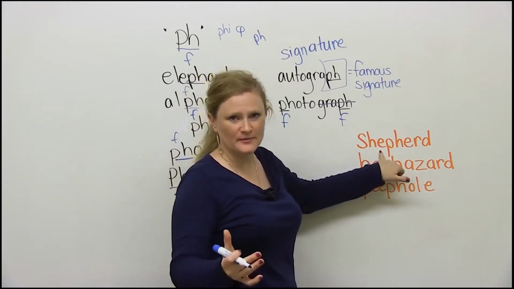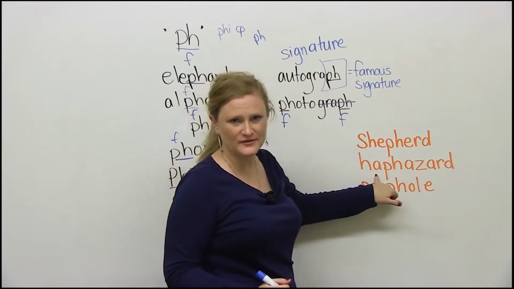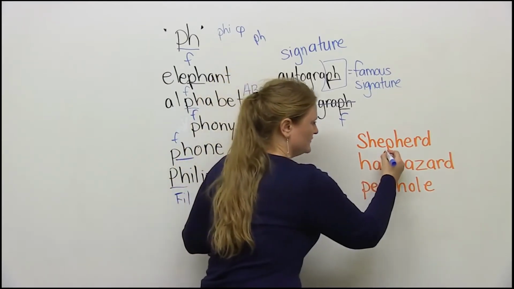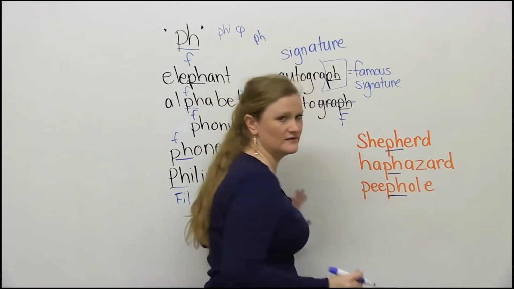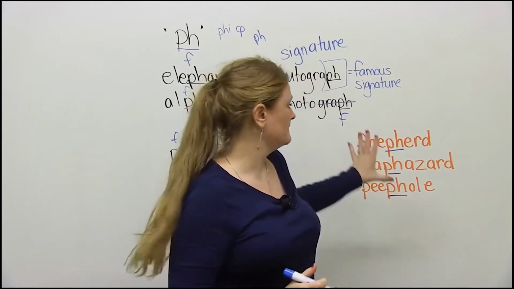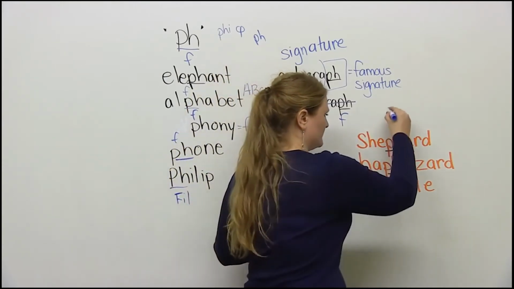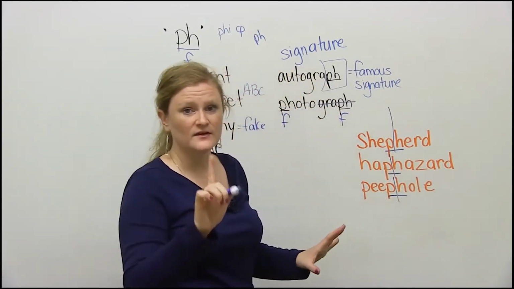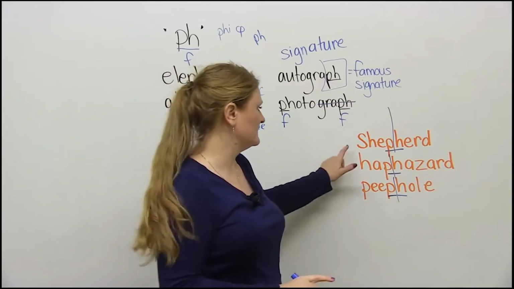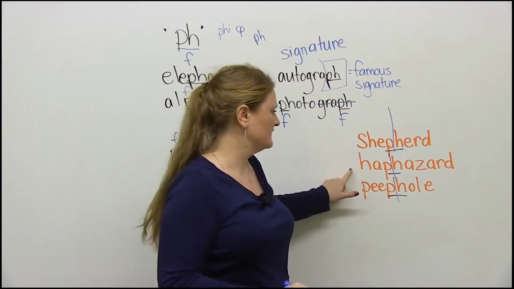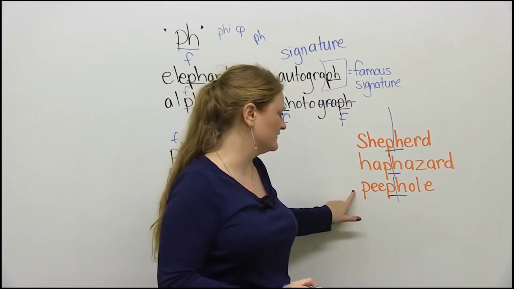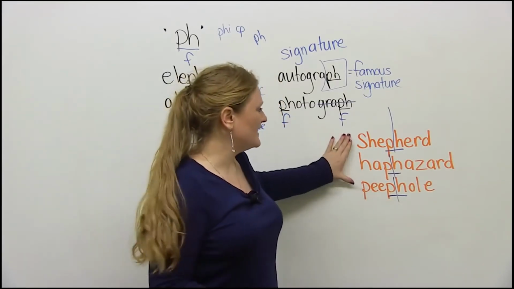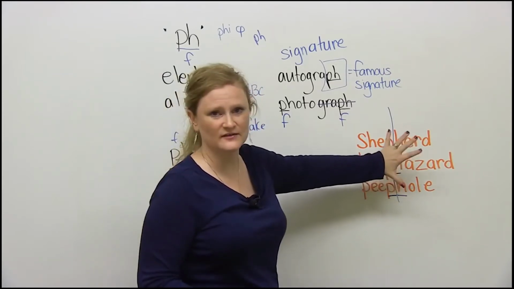The first word is shepherd, haphazard, and peephole. These words do, as you can see, have the PH in them. But in these words, we actually separate the P and the H sound. So we do not say shepherd or haphazard or peephole, which sounds funny, doesn't it?